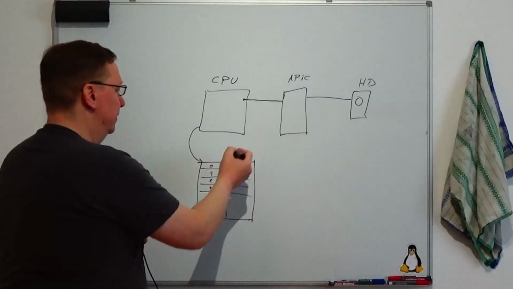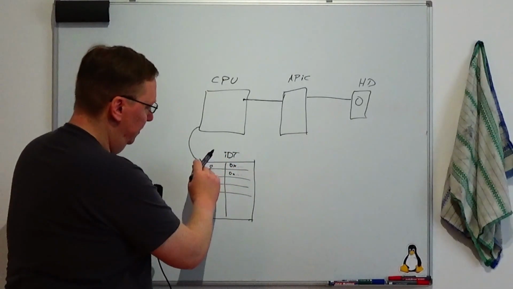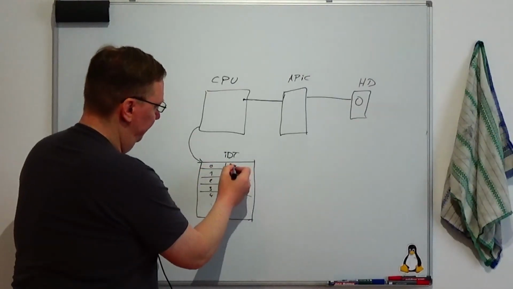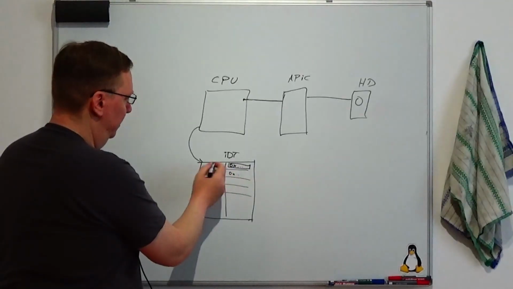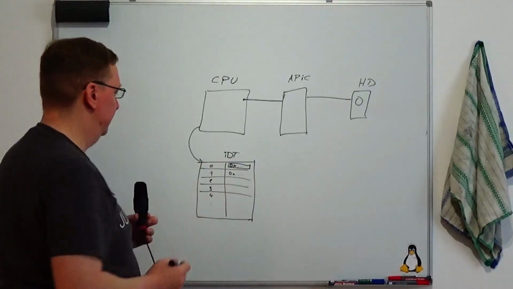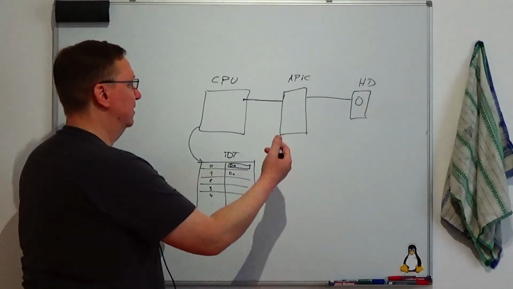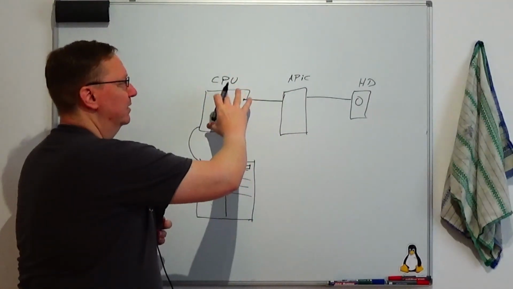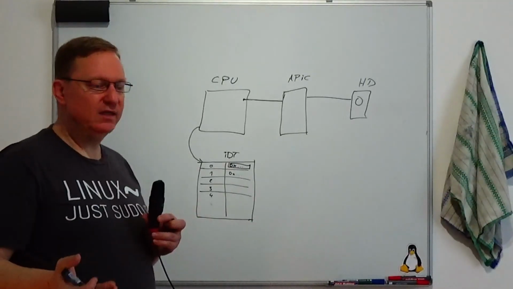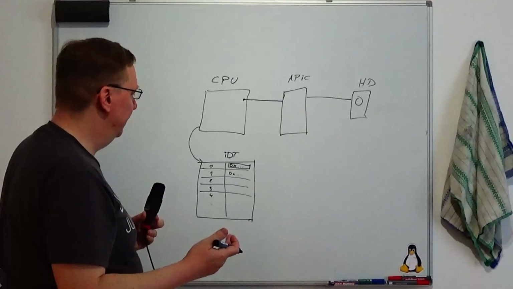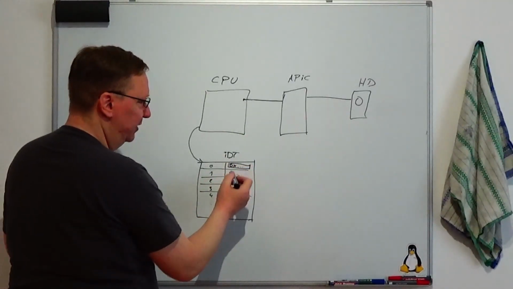For example, you will have a handler for timer interrupts, and the address of that you will put into this table for ID 0. So when the timer interrupt comes, the CPU stops doing what it's doing. It stops executing Chrome or whatever user space application you're running currently, and it will look into the interrupt descriptor table and jump to this location.